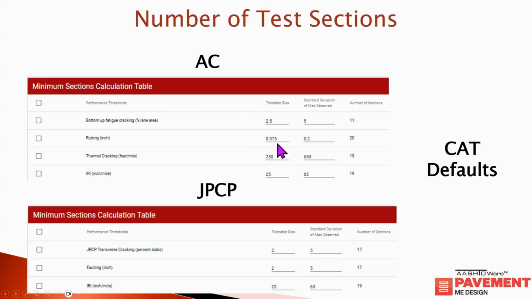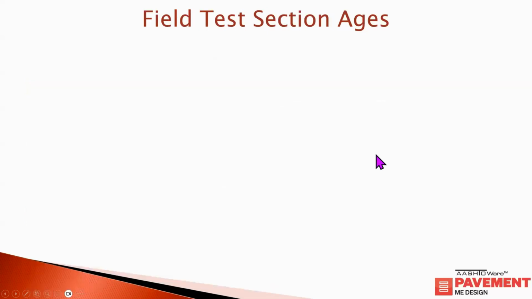And the tolerable bias for each of the distresses for AC and for jointed plain concrete is listed here. And then the recommended standard deviation of the maximum observed distress is also listed here. You can change these if you want to. If you change these, then the number of sections will also change. But this is the recommended number that you should have.